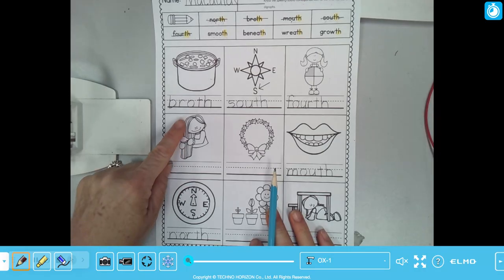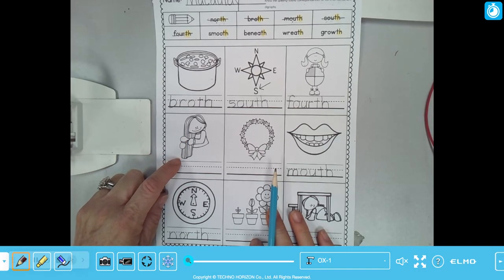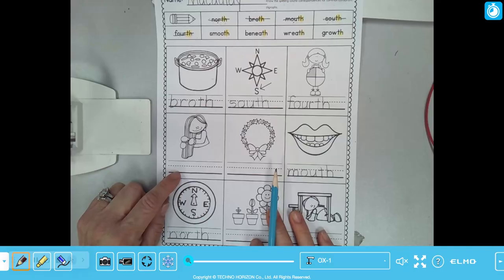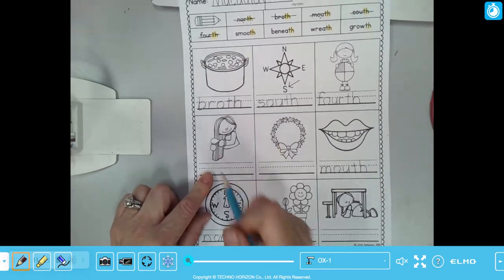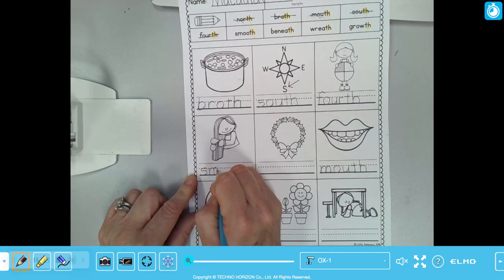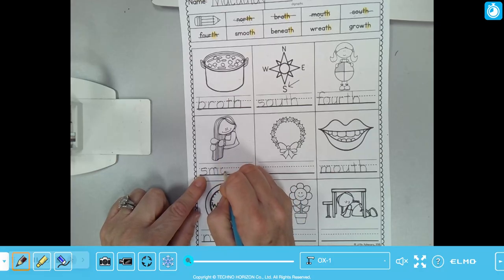Her hair is smooth because she just brushed it. And she smoothed it out. When you just brush your hair, it's usually no tangles, really nice and soft and fluffy and no bumps. Okay, so let's write down smooth here.